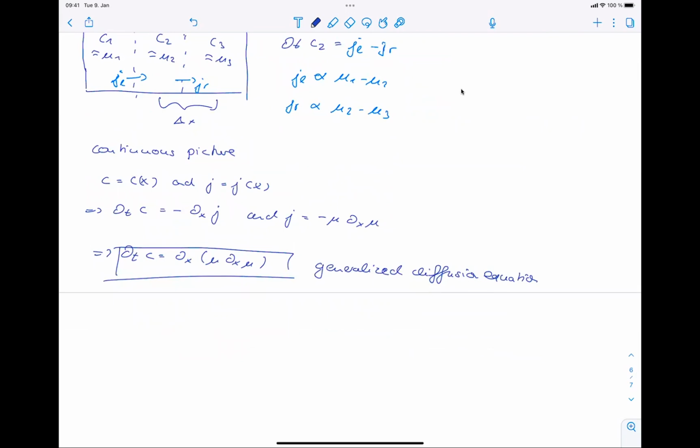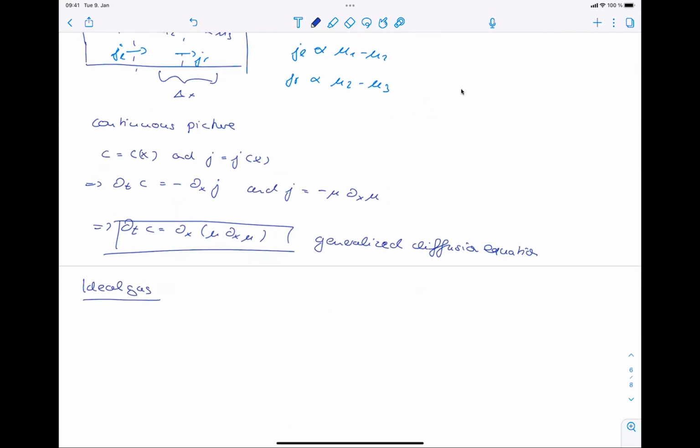You might not have seen this before, but you have seen it in the context of the ideal gas. So let's quickly consider the ideal gas to rationalize the equation that I just popped up. So remember, for the ideal gas, we had that the chemical potential was kBT ln concentration plus a mu naught.